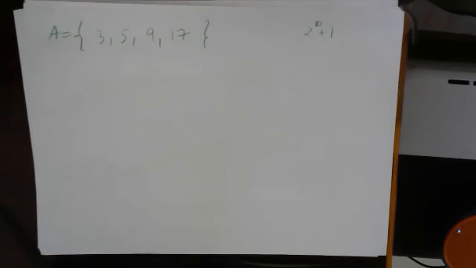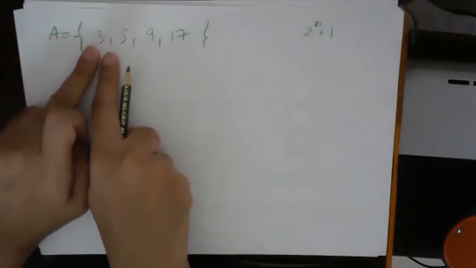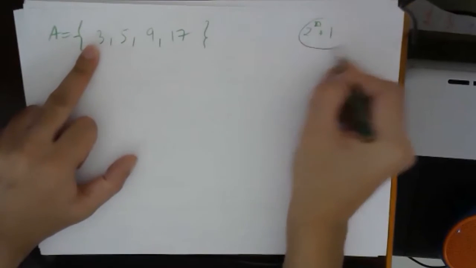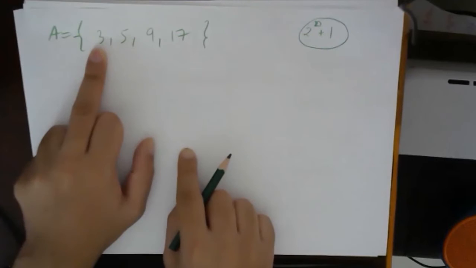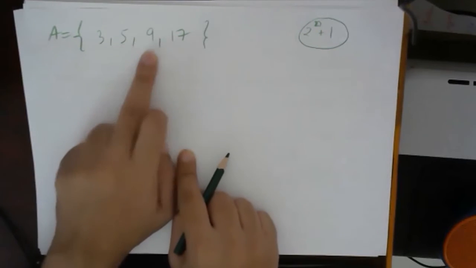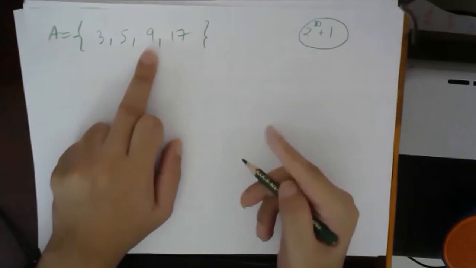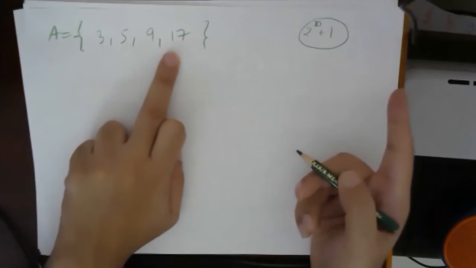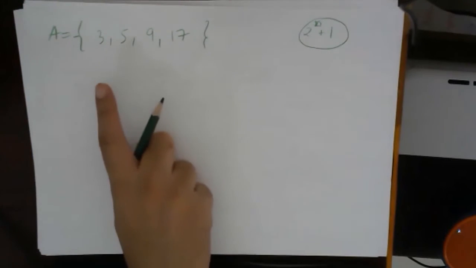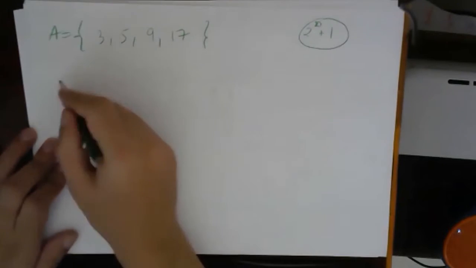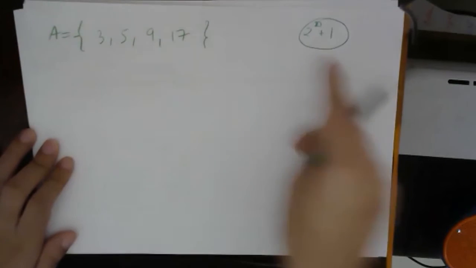Now this is a set which contains elements of the form 2 to the power n plus 1. For n equals 1, 2 plus 1 is 3. For n equals 2, 4 plus 1 is 5. For n equals 3, 2 cubed is 8, plus 1 is 9. For n equals 4, 16 plus 1 is 17. So you cannot write this set as A contains the elements 3, 5, 9, 17.